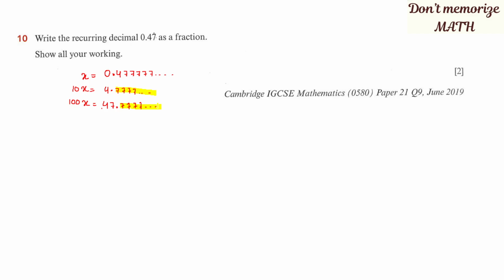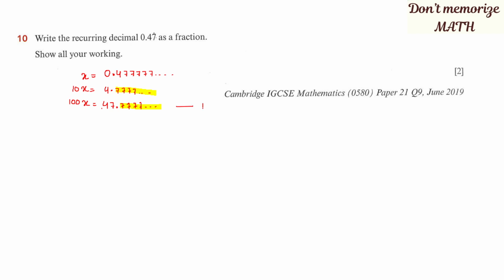If you have a recurring decimal like this, always make sure after the decimal point the numbers are in the same pattern. Then you can stop. If it is not the same, again take 1000x, 10,000x, and continue until the parts after the decimal are the same. It depends on the question.